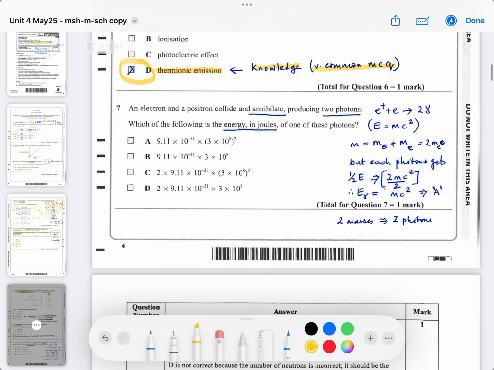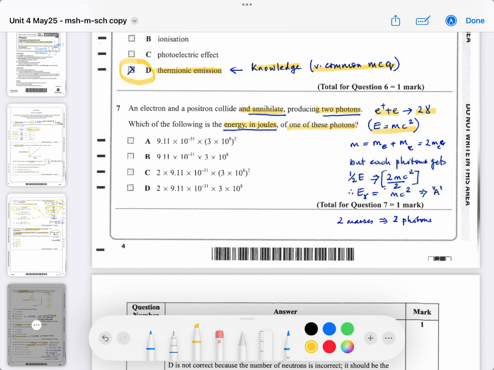Question 7, an electron and a positron collide and annihilate, producing 2 photons. Remember, it's always going to be 2 or more photons. So you're going to get each of the annihilated particles changing its energy by E equals mc squared to 2 photons. Yes, the symbol for a photon is gamma. Which of the following is the energy in joules of one of these photons?